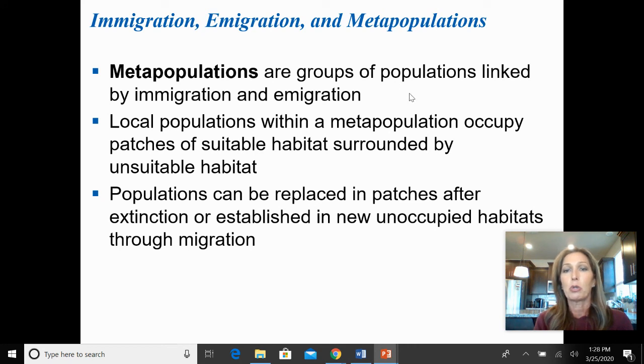Metapopulations are groups of populations that are linked by immigration or emigration. They include the huge flocks of migrating birds. We have to calculate those, like the geese in our area. The Canadian geese, some of them who just say, I'm staying in Rockland instead of flying up to Canada or back down to Mexico, would be part of larger metapopulations.